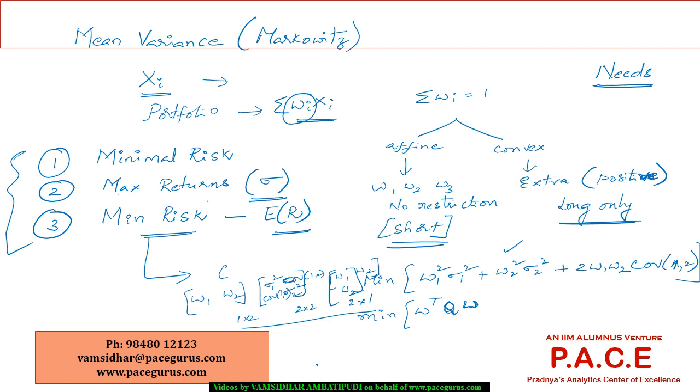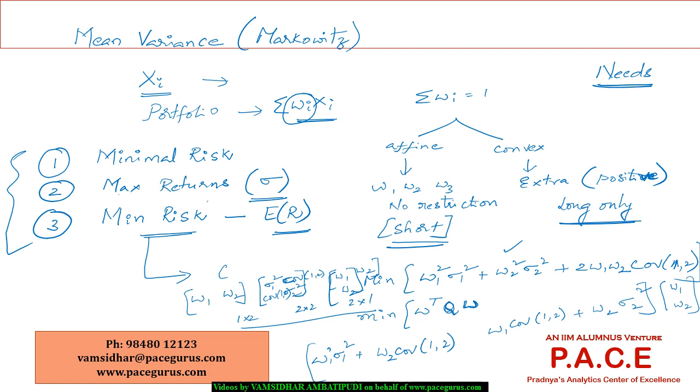Look at this. So W1 sigma 1 squared plus W2 covariance between 1 and 2. And this one is W1 covariance between 1 and 2 plus W2 sigma 2 squared. And this I am multiplying with W1, W2.